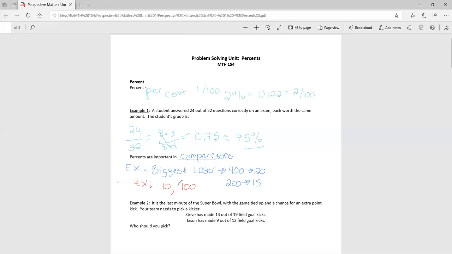At face value, you probably want to take the person that had 100. But let's say the person that had 10 had 10 out of 10, and the person that had 100 had 100 out of 200. Now you're looking at 100% versus a 50% pass rate. So again, those are going to be really important when we're talking about comparisons.